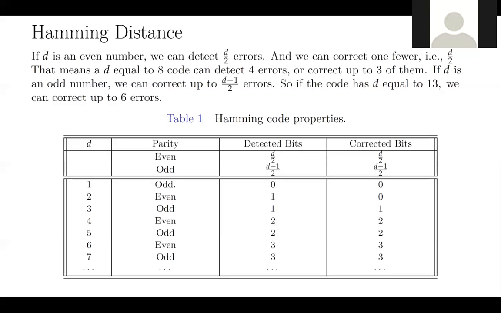Thank you. Entry number 6, your row should be 3 and 2, not 3 and 3. No, it's D over 2 in both cases, the detected bits and the corrected bits. So 6 and 7 are the same.